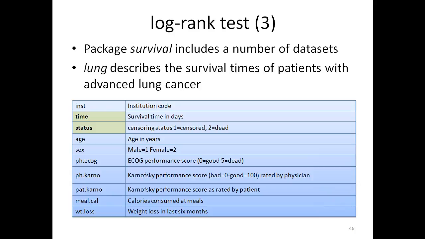And the column status contains the outcome or the status of the patient. It's not coded 0, 1, but rather 1 and 2. 1 stands for censored and 2 for dead. And it works anyway because 1 is less than 2. So they could just as well have been 0 and 1.